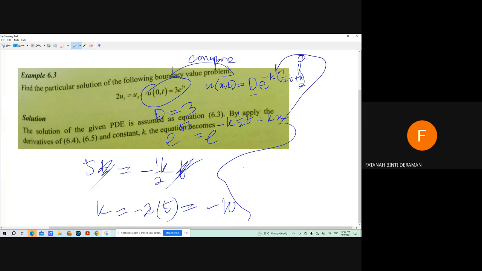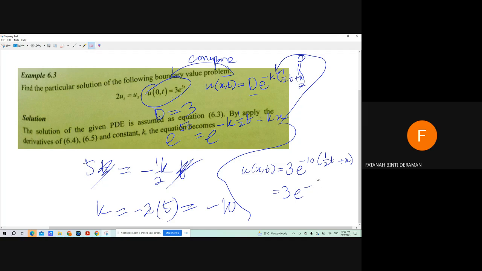So u(x,t) equals D, D is 3, e to the power K, K is negative 10, times 1 over 2 t plus x. So you will get 3e^(negative 1 over 2... sorry, negative 5 ... delete.